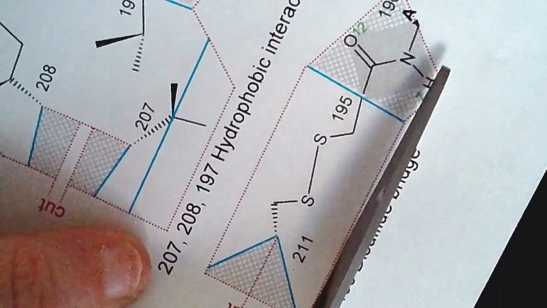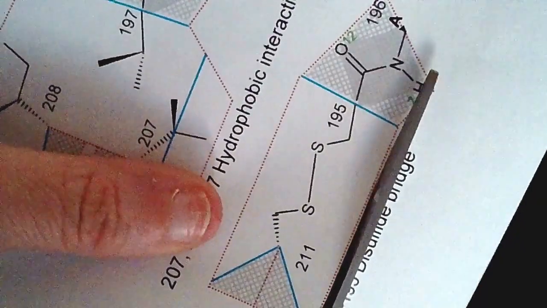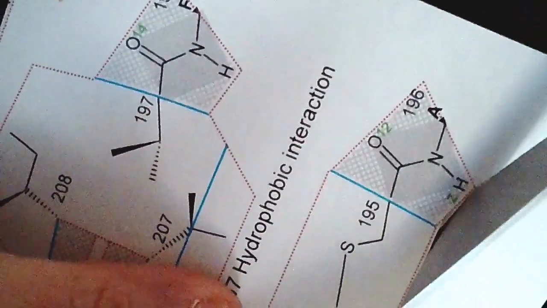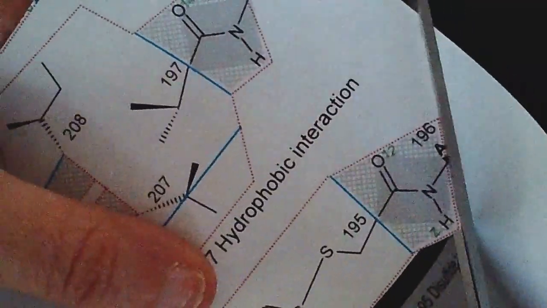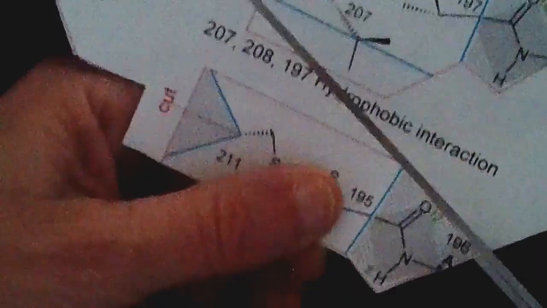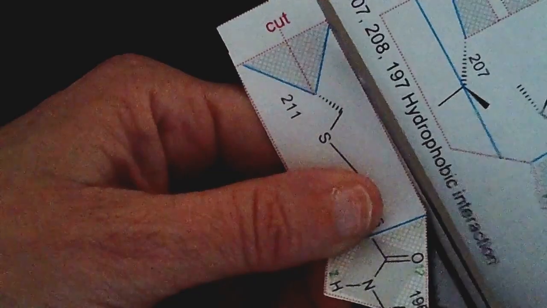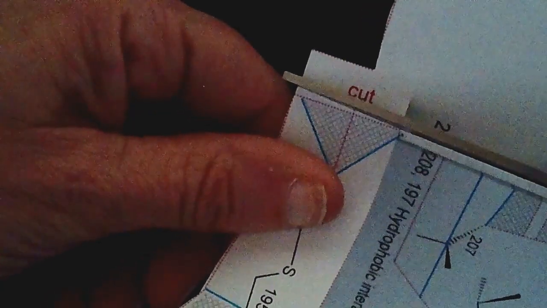And this is kind of interesting because we're going to make some flaps now. You can already see we're going to have some gluing to do because of the gray shaded area. Okay, so now we need to cut little flaps, and that's what this little area is right here that says cut.